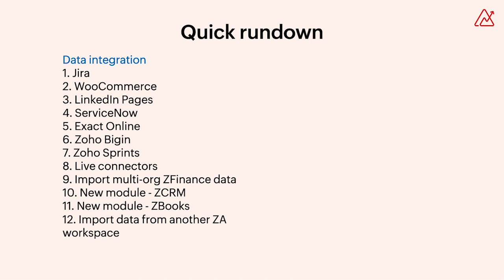You have more modules added. The hallmark release or the rollout for 5.0 was a data preparation capability, which is now available inside Zoho Analytics and also is available as a standalone data preparation studio.